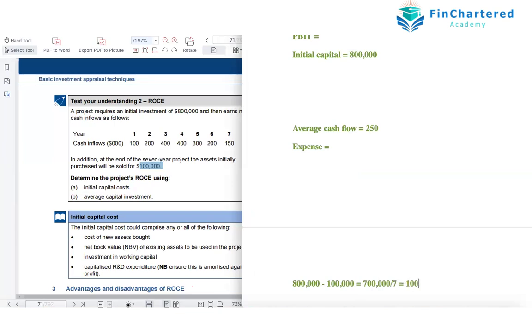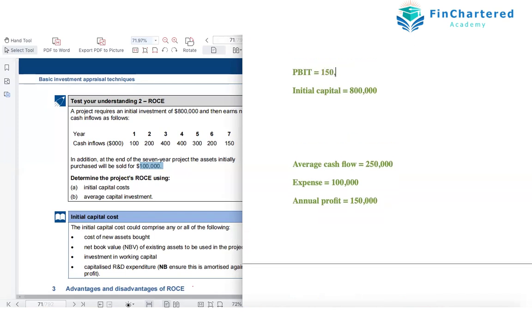The yearly depreciation is 700,000 divided by 7, which is 100,000. So the yearly annual profit is 250,000 minus 100,000, which is 150,000. And you got this ingredient also. Now simply divide 150,000 by 800,000 into 100 to get the answer.